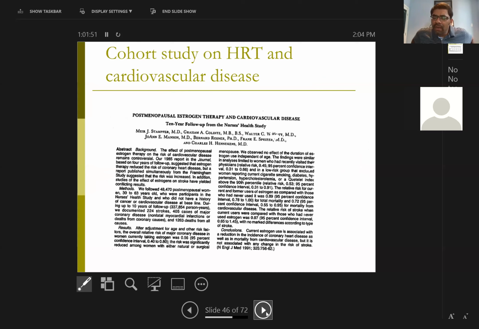And it's not just for COVID-related stuff, right? We've known this to be true for a long, long time. Hormone replacement therapy is a classic textbook example of what happens if you only go with cohort studies and you fail to do randomized controlled trials, right? This is the very famous Nurses' Health Study. Thousands of nurses in America were asked whether they were taking HRT or not, hormones or not. And then they were followed up to see who gets cardiovascular disease like heart attack and stroke. And they found a strong effect.